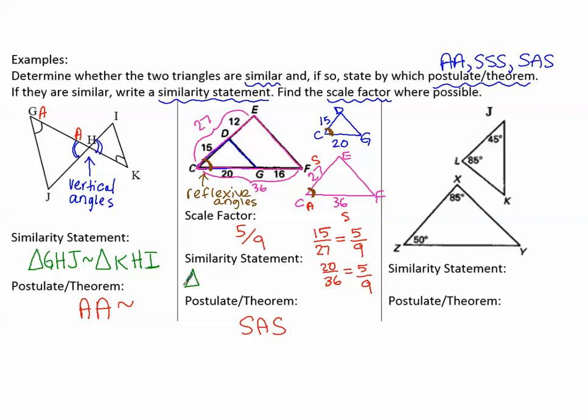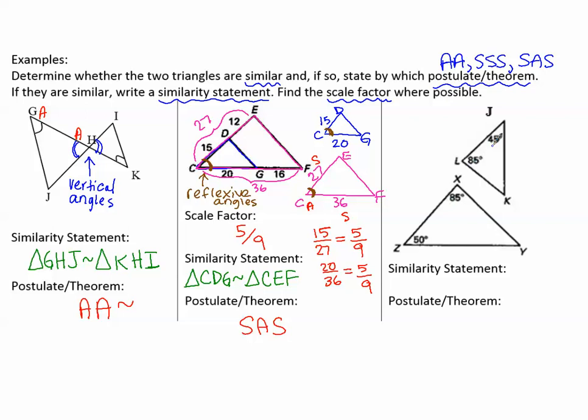In the first one, I'll go from C to D to G. Because angle C is congruent to angle C, C goes first. D came next. Notice I went over the short side first. So from C, I go over the short side. 27 is shorter than 36, so C to E, and then the last letter F. So we have similar triangles, and there's our statement to say so.